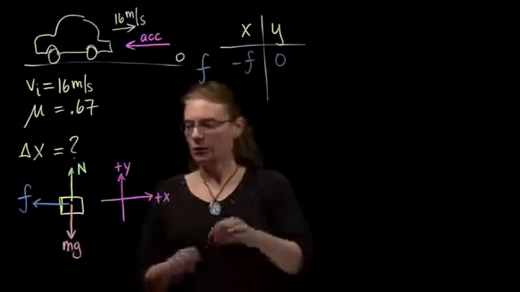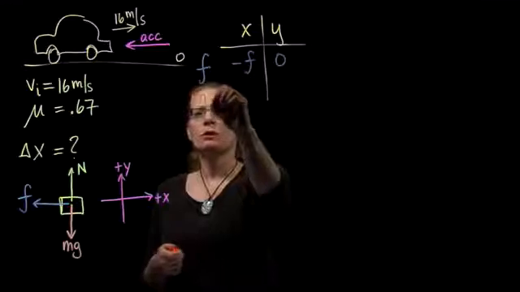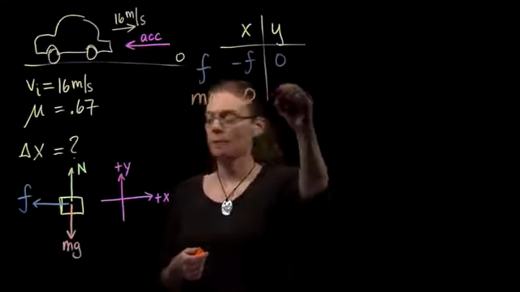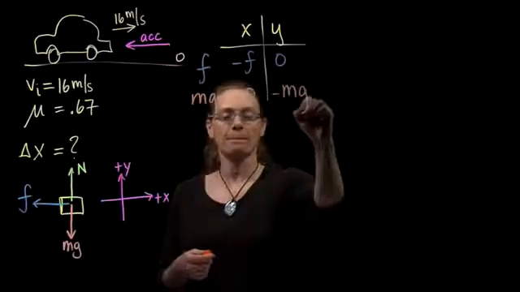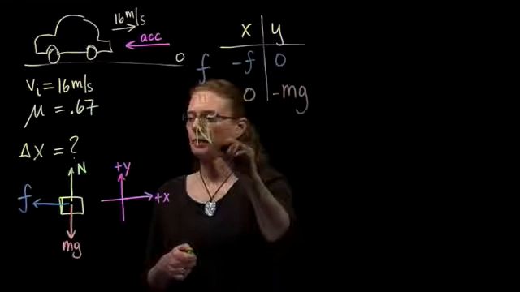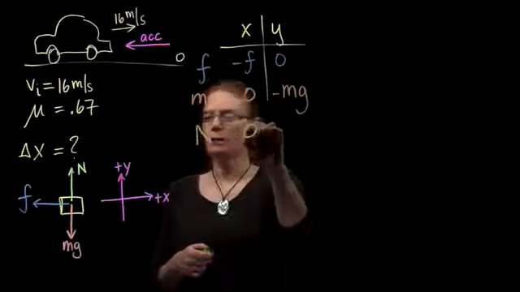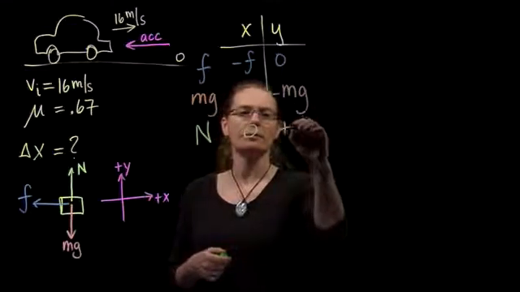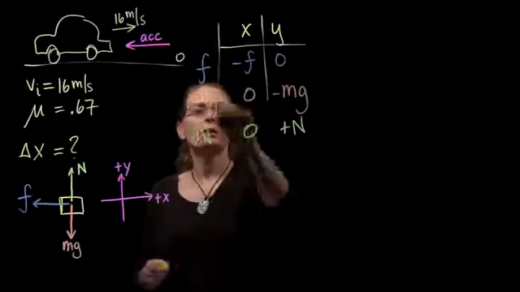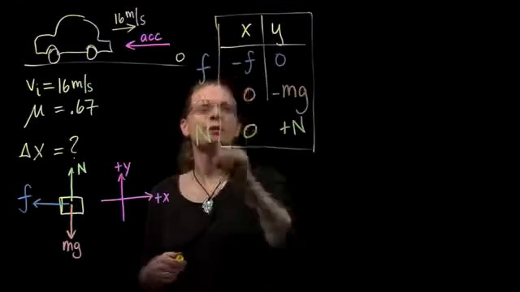I've got my mg force. That's all downward, so there's no left-right component, and it's all downward, which is negative y. And the third one is the normal force. That's going straight up, no left-right component. Up is the positive y direction. Okay, that looks good. So here's my xy chart.